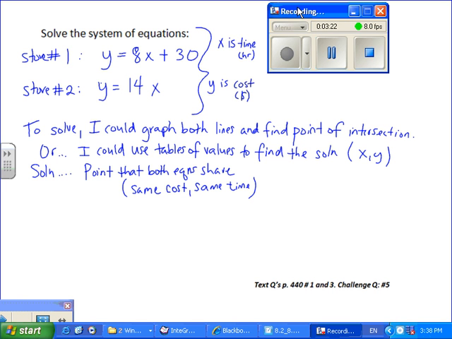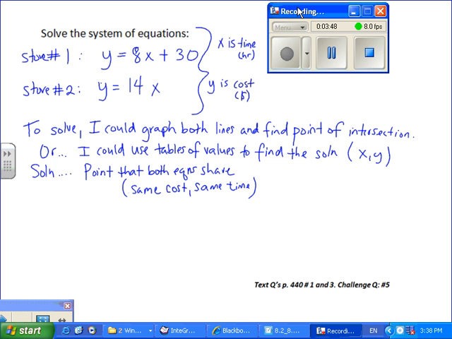At what point will the cost be the exact same for the same amount of time? What would be the only time that I could ski for where both stores, 1 and 2, would cost me the same amount? There would be no advantage to going with store 1 over store 2. What would be the one point that they both share?